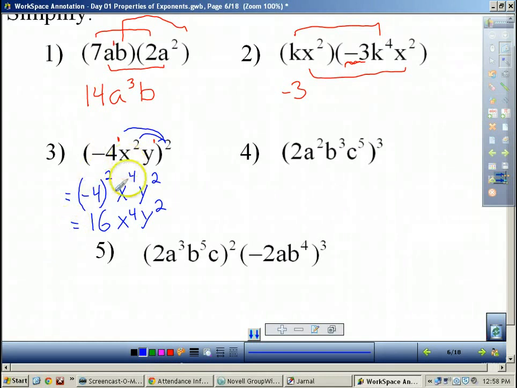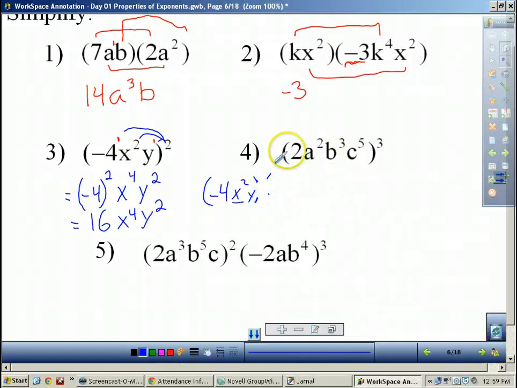And if you're ever not sure on these, you can always just do the long way. Alright, just write it out. -4x, like this. You can say, okay, -4 times -4, that's 16. x to the 2nd. Might be easier to see. You just write out the long way.